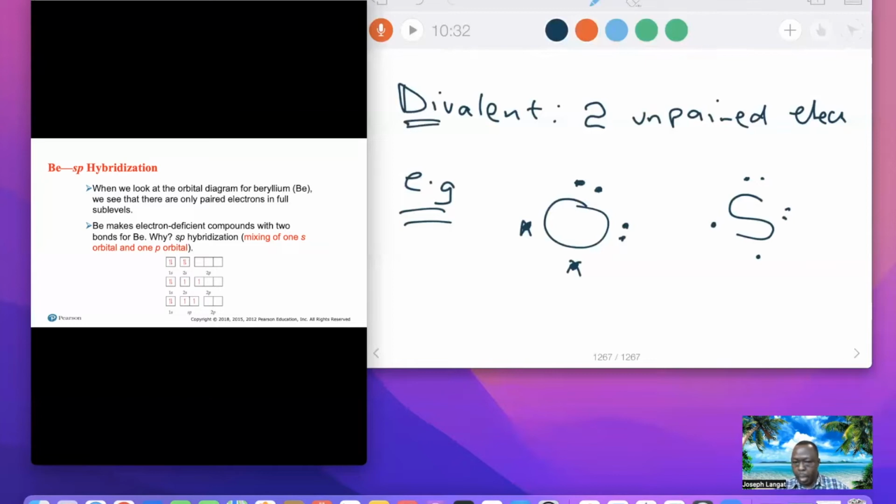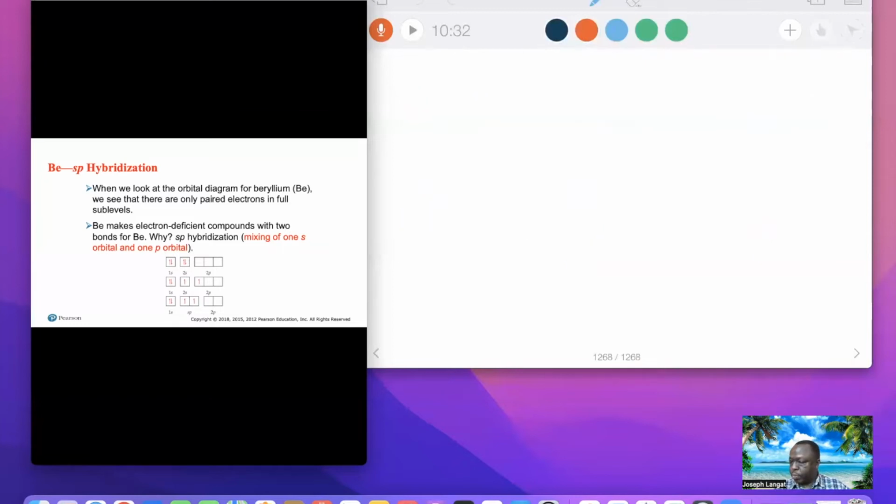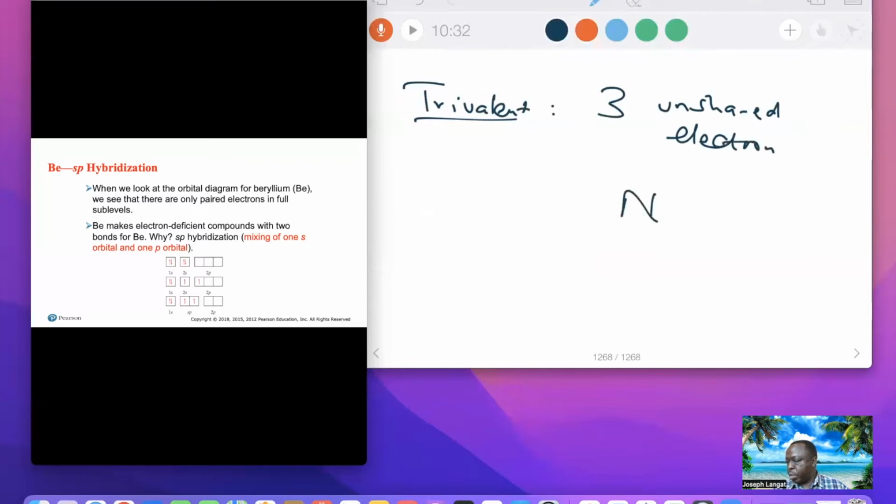Trivalent means three unshared electrons. Nitrogen has three unshared electrons.